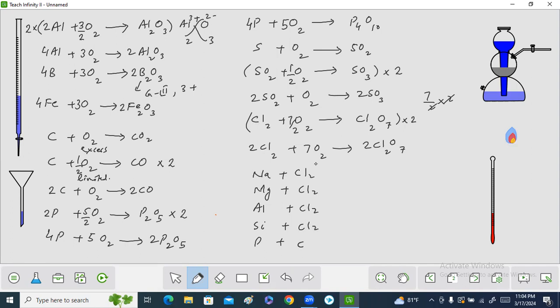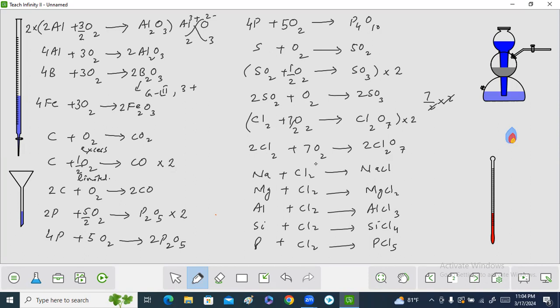So if we react all these elements with the chlorine to form chlorides, we'll get the products like sodium chloride, then magnesium chloride, because magnesium is 2 positive, then aluminium chloride, silicon is the group 4 element, so SiCl4, then PCl5. So these are the chlorides which we make when all the elements of group 1, 2, 3 up to 5 react with the chlorine.